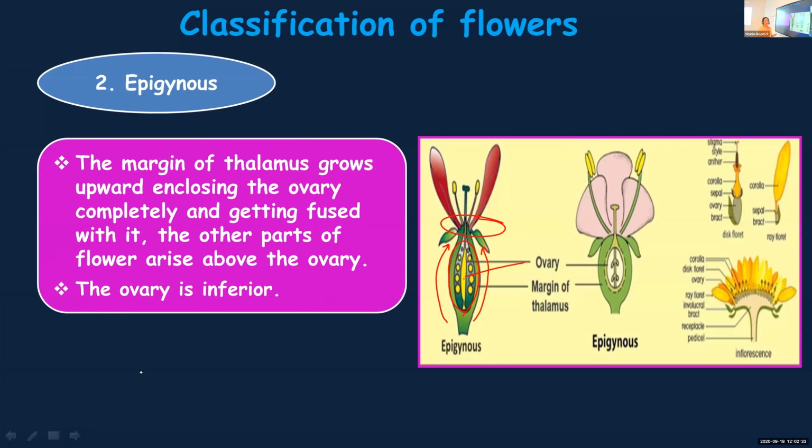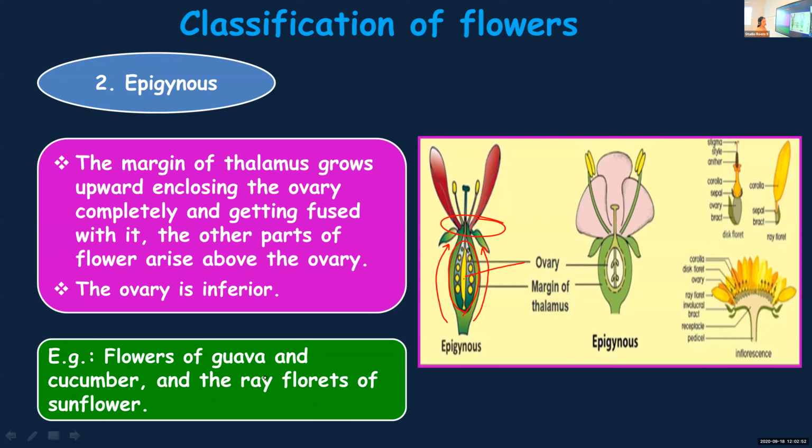The margin of the thalamus you can find growing upwards, enclosing the ovary and fusing with that, and all the remaining appendages will be arranged above it, and the ovary is inferior. And examples include guava, cucumber and sunflower.